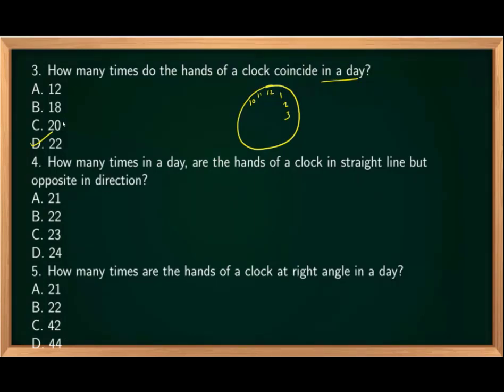And then next question, fourth question: how many times in a day are the hands of a clock in a straight line but opposite in direction? That means the hour hand and minute hand make an angle of 180 degrees. What will be the answer?